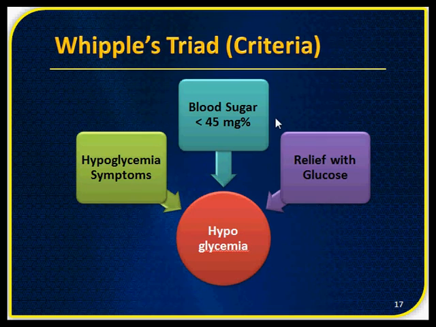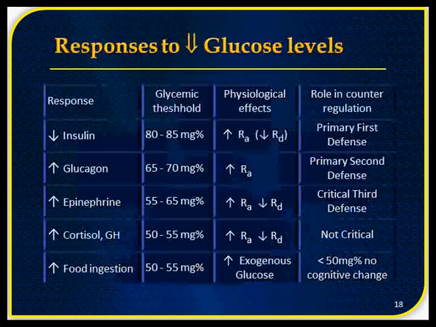Third, these symptoms must immediately resolve and the patient must become all right after the administration of glucose, either orally or parenterally. If these three criteria are met, that is, symptoms of hypoglycemia, low blood sugar on blood testing, and relief of the symptoms with glucose, then we diagnose the patient as having hypoglycemia. So this is called Whipple's Triad.